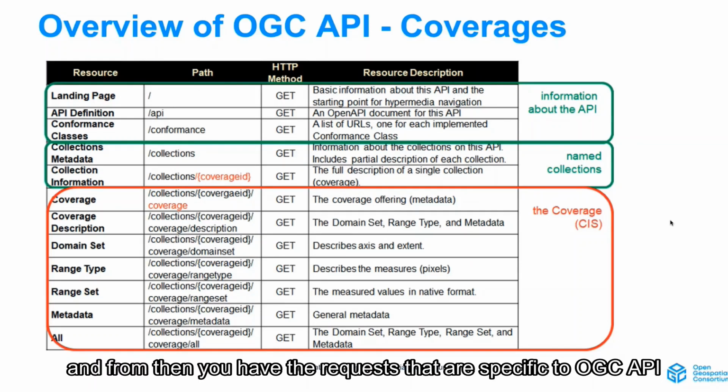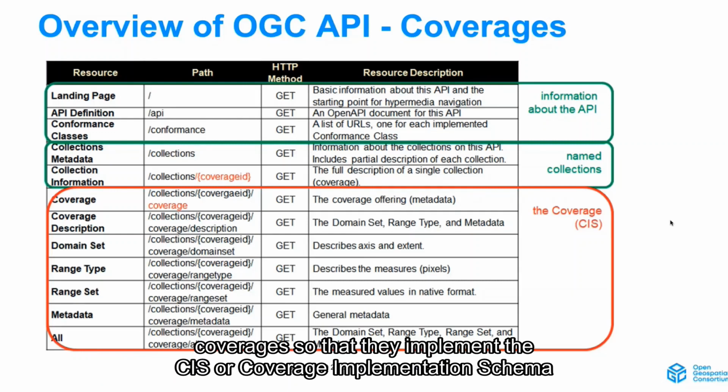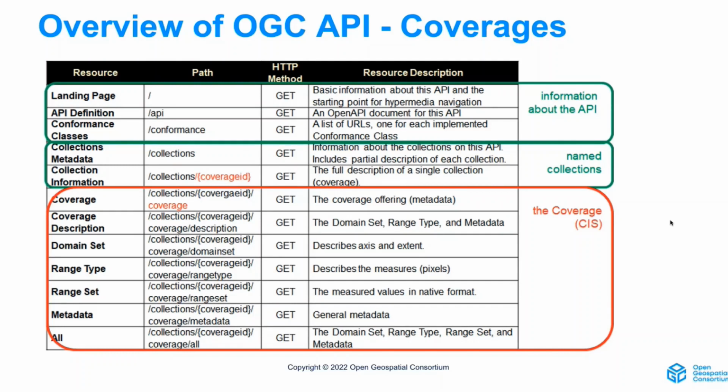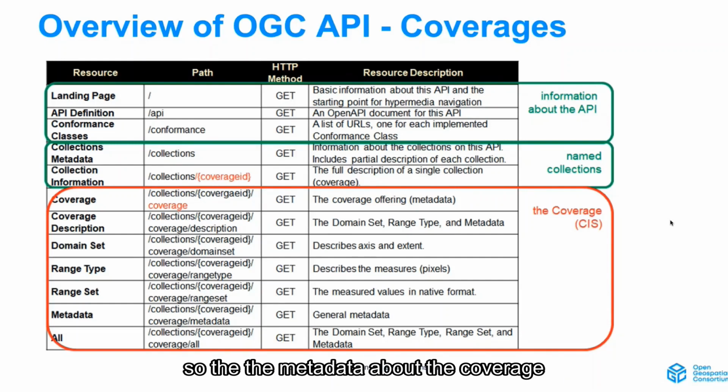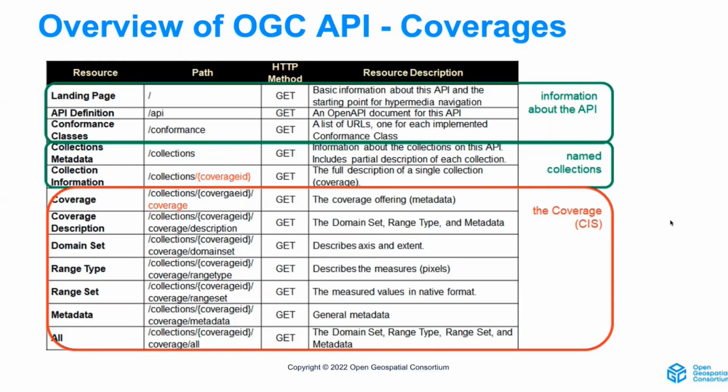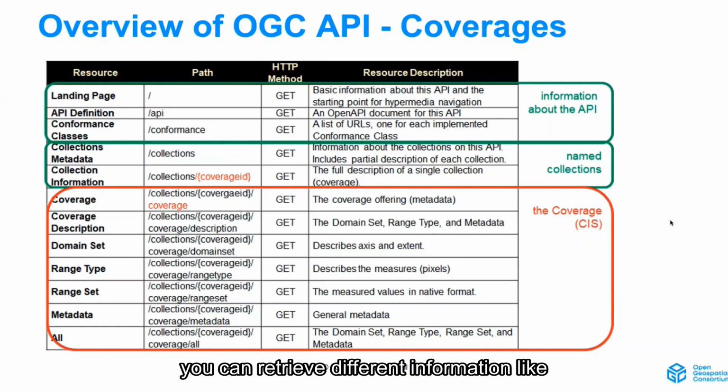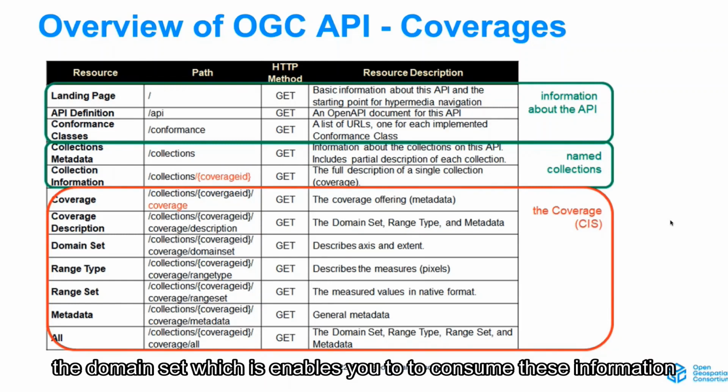And then you have the requests that are specific to OGC API Coverages, so that they implement the CIS, or Coverage Implementation Schema. So we have the coverage, which retrieves the coverage offering, so the metadata about the coverage, and then you can retrieve different information like the coverage description, and this includes important information like the range type, the domain set, which enables you to consume this information.